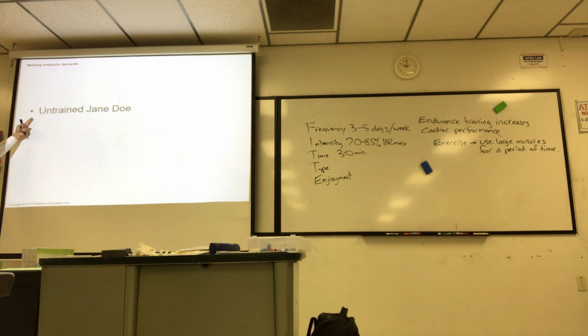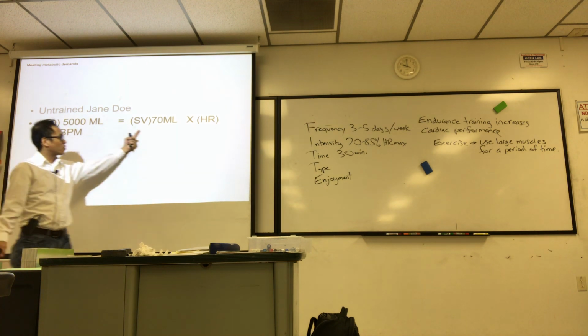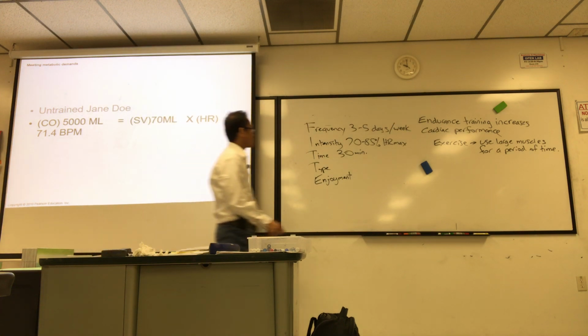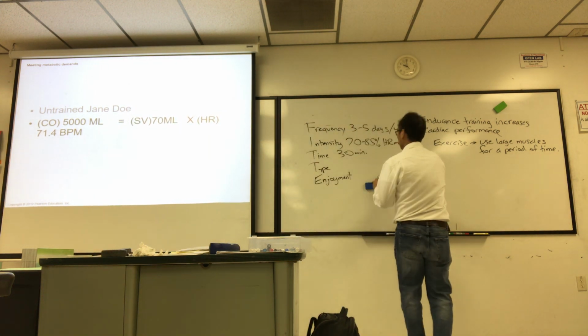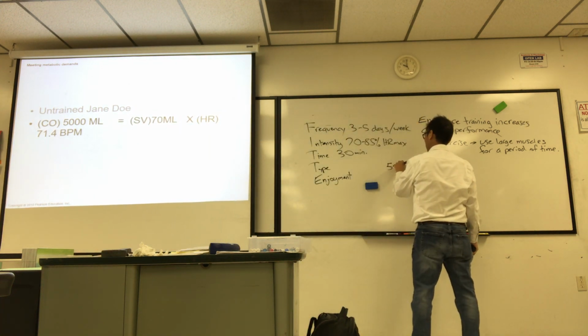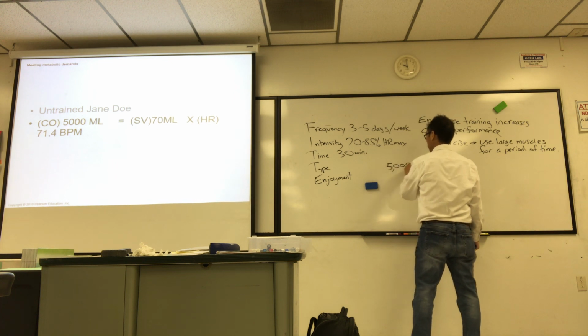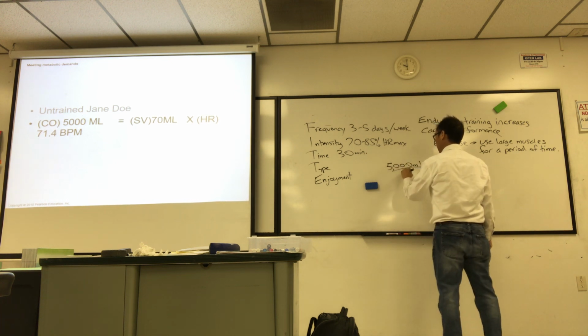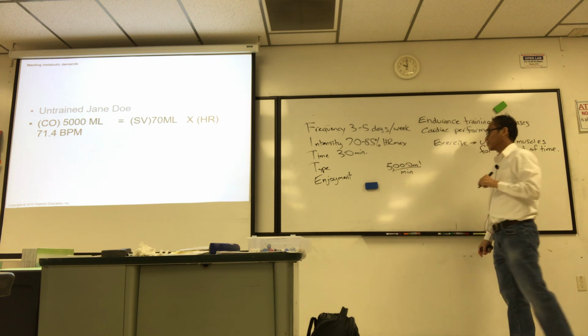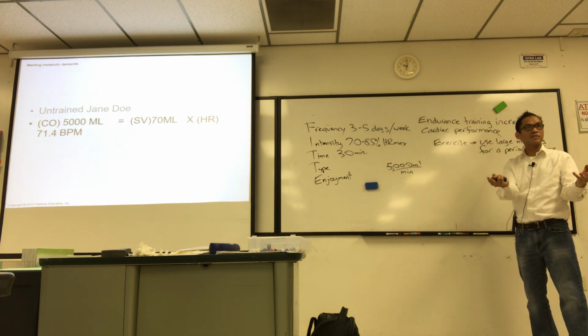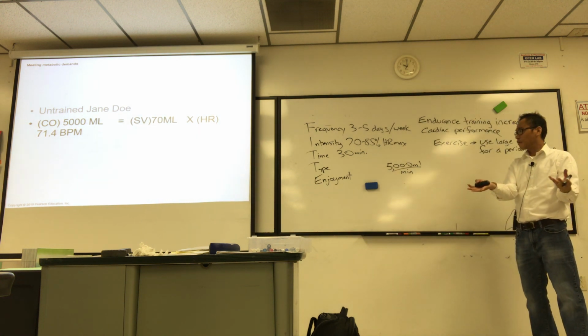So just to give you an example, a college student, Jane Doe, John Doe, let's say they train. And we know that cardiac output is the product of stroke volume and heart rate. 5,000 ml per minute, that's what your body needs, say seated at rest, watching TV, or watching your iPad.